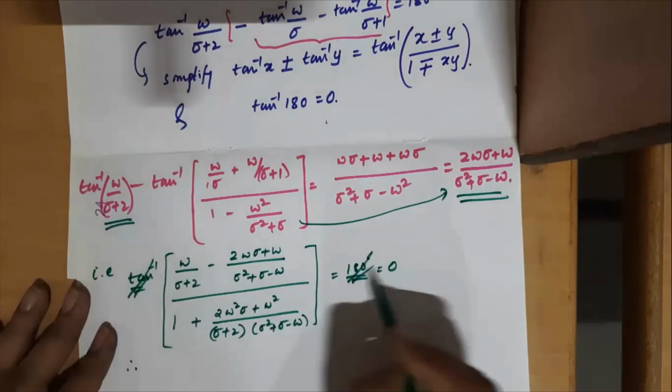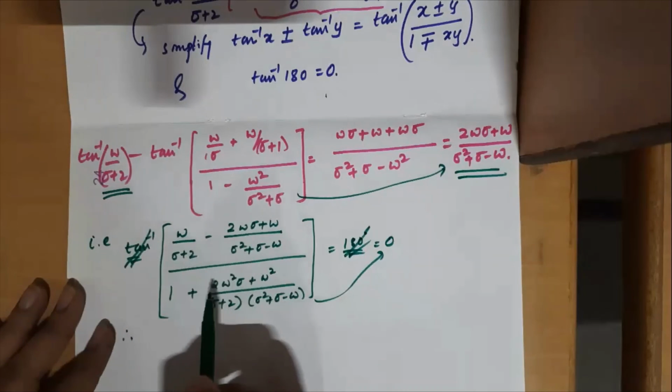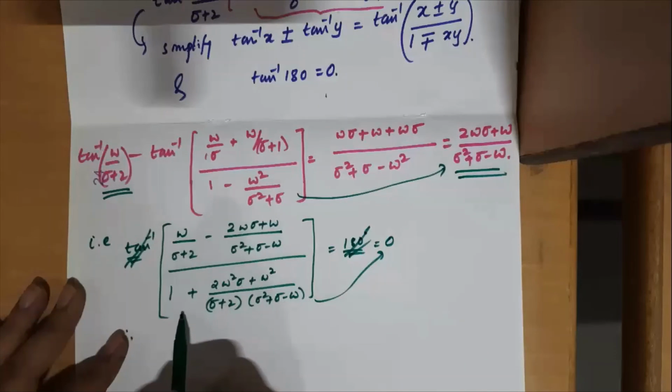So this will get cancelled, equal to 0. Denominator will go to 0. We are left only with this numerator part.